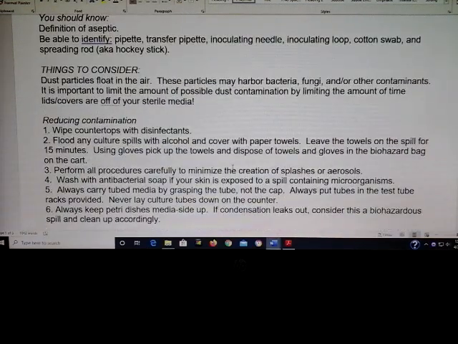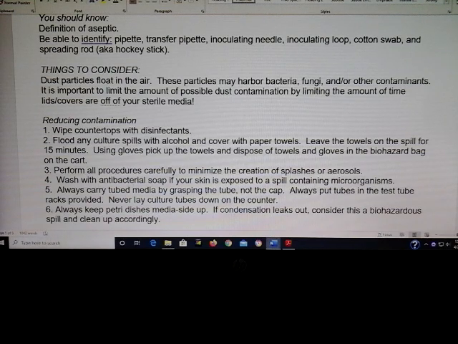Now we also have to keep in mind that there's dust in the air, particles in the air that we don't want to get in our samples. So before you start, you should always be wiping down your counters with disinfectants. And if you do spill something, we do have disinfectants in the lab that you would use to clean that up. And you should always be washing your hands.